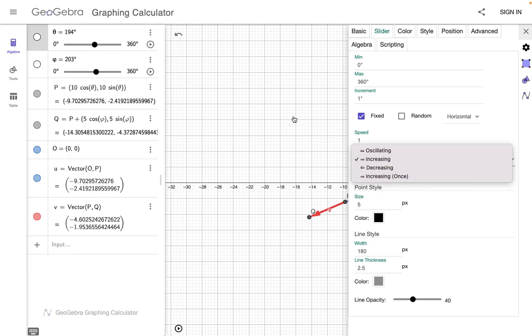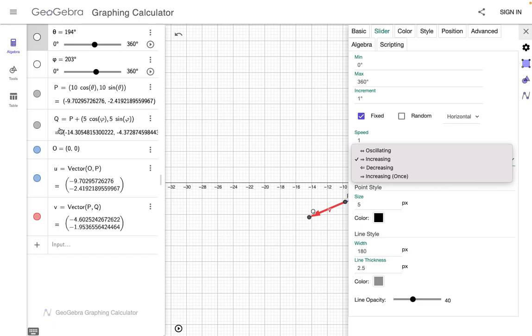That can be selected for both angles independently. Here theta and phi are independent angles, so we rotate points P and Q independently.